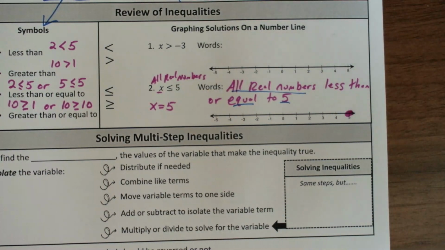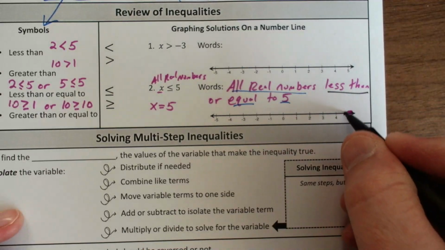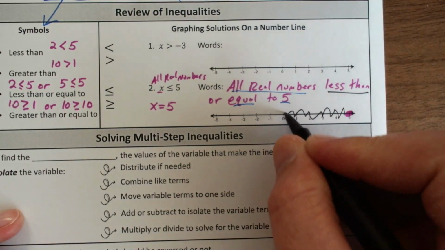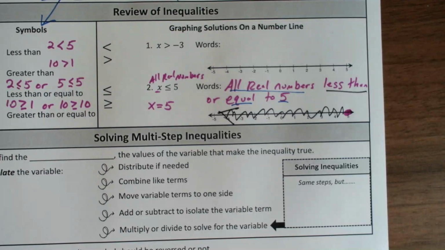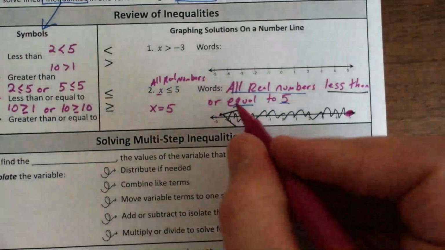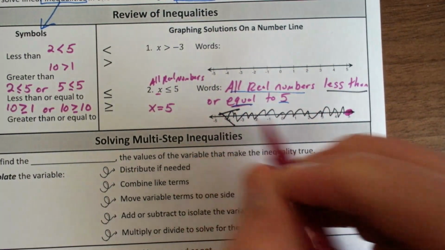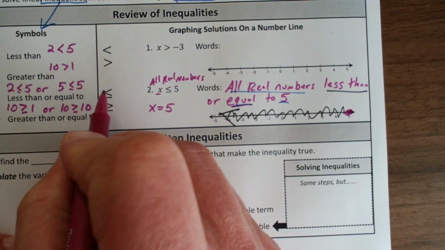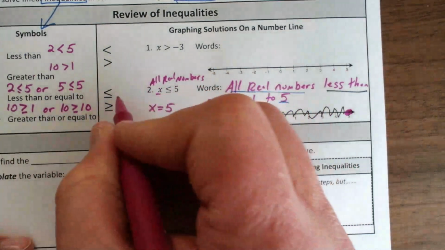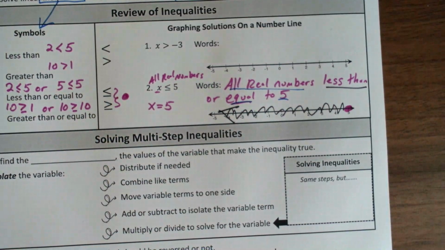I'm going to go ahead and do the less than part here in black. The less than part is saying, hey, all of this counts. The equal to is the dot. The less than is all this shading. So when it is less than or equal to or greater than or equal to, these dots look like this.